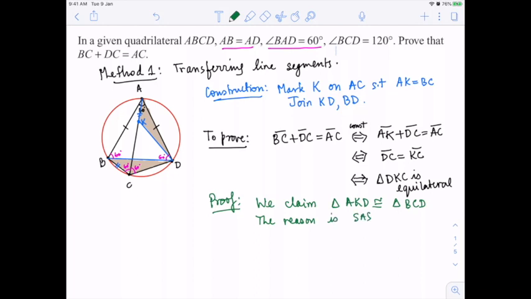So AK is equal to BC, given, I mean the construction, sorry, not given, construction. Okay, then AD is equal to BD. This you can say given because AB equal to AD and BAD equal to 60 degrees imply that triangle ABD is equilateral.